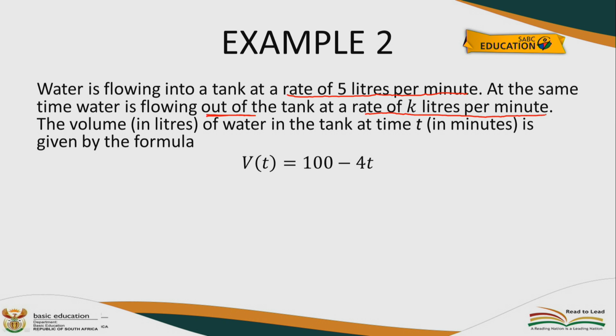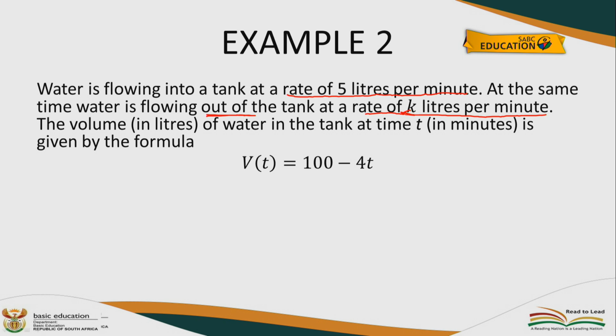So we do not know how many liters that is, it's just k. This tells me that at a later stage, we might be asked to find out what that k is. But nonetheless, there is water coming in, and there's also water leaving the tank.